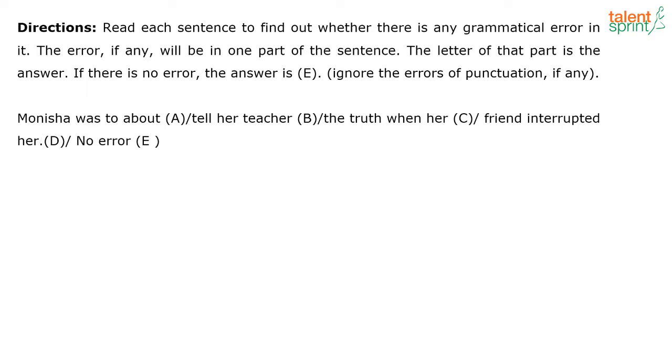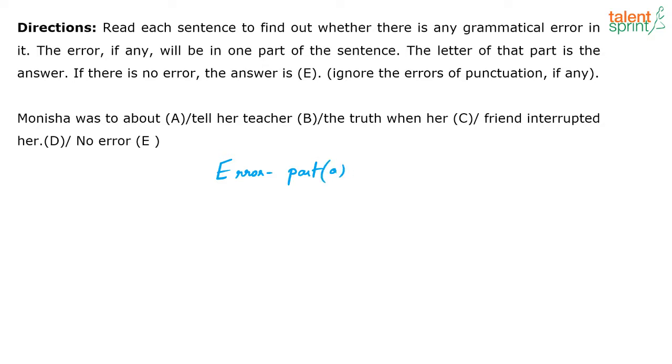So have you been able to identify the error? Pretty simple. As soon as we read it, we know that there's something funny or awkward in part A, right? Monisha was to about. That doesn't make sense there, right? Just in terms of ordering of these words in the sentence. So all I have to do is, the error is in part A, and not part B actually.